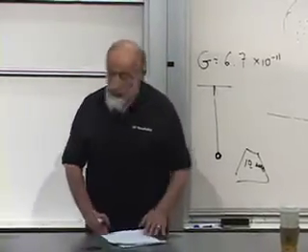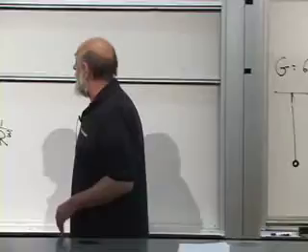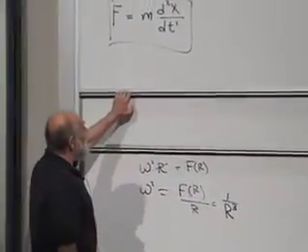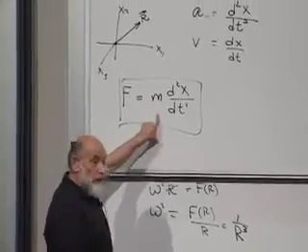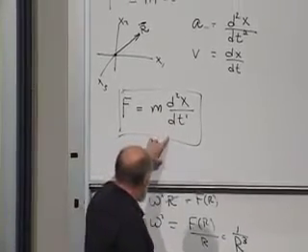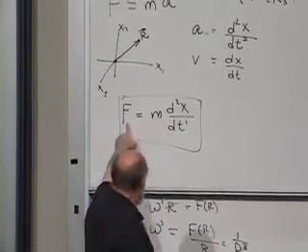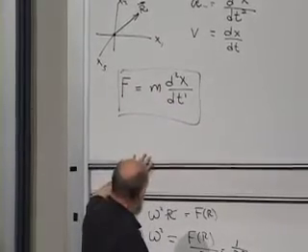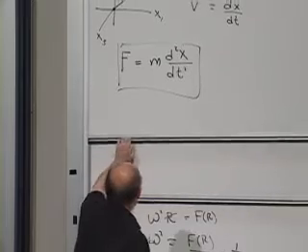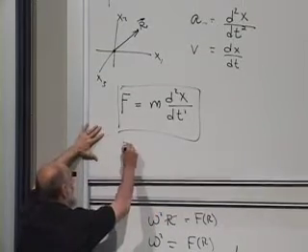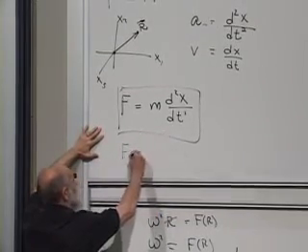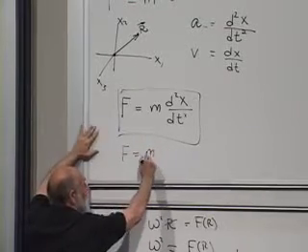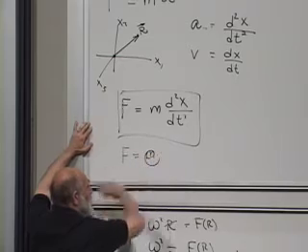Incidentally, let me just point out, if we're talking about other kinds of force laws, for example, electrostatic force laws, we still have F equals ma, but the force will not be proportional to the mass times something else; it could be the electric charge.